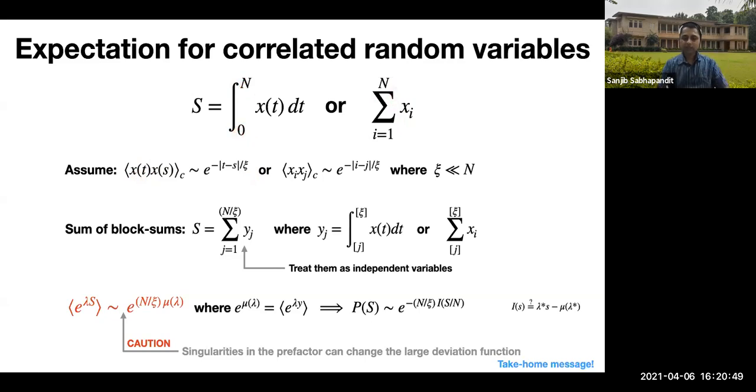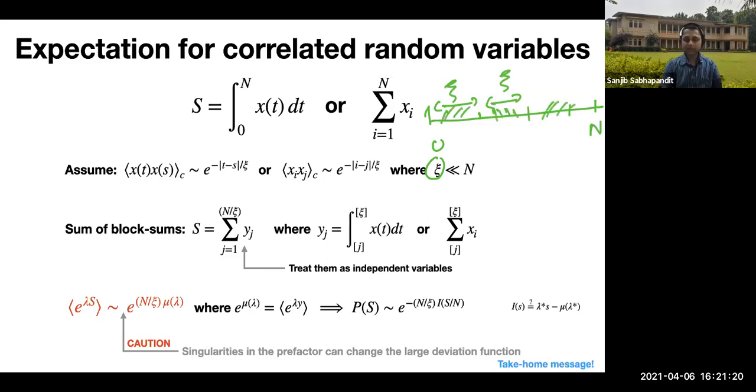So then what you can do is, you have a certain interval, let's say between 0 and n, and you have a correlation length, which is your xi, which you assume to be much, much smaller than n. So you are taking n much, much larger than this correlation length. So you can basically divide this into blocks of some multiple of xi, or 10 times xi, or 100 times xi, it doesn't matter. And then you basically sum within these blocks.